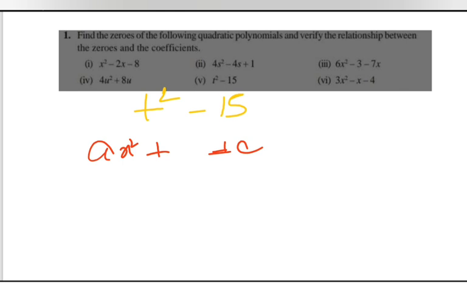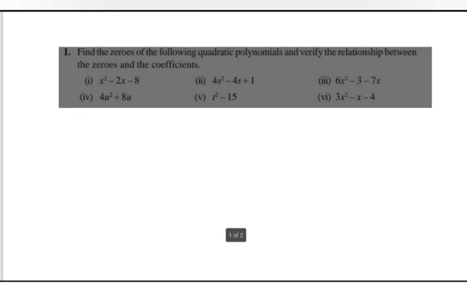These two are the things we got. We didn't get bx. So if a variable is not given, we can assume it as 0. So we can assume it as t square plus 0 t minus 15. See, they have given only t square and minus 15.